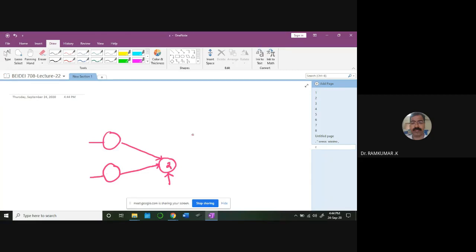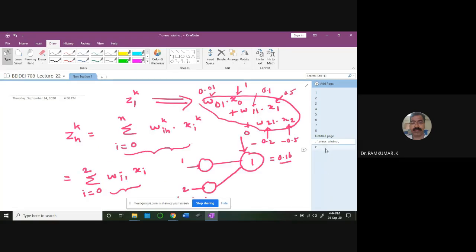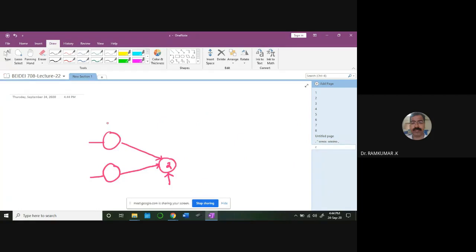In order to work this out, I should use the same formula, W_IH times X_I. This is the index I, this is the index H, so the hidden neurons. With I varying between, again tell me, what is I? Between 0 to 2.